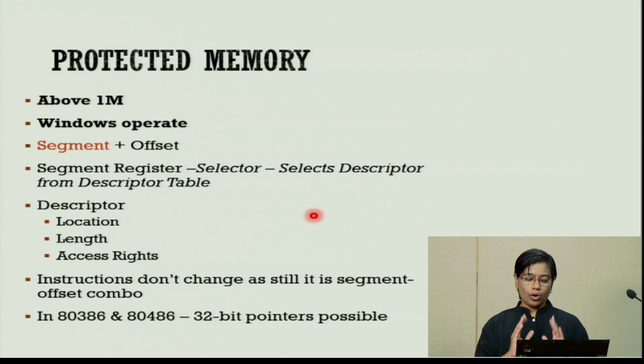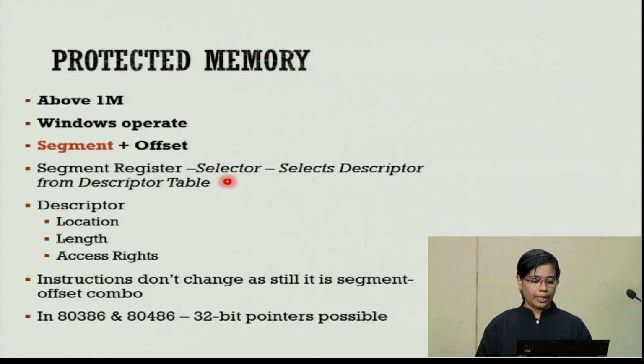Now, when we talked about real memory, we said that there is something called a segment and offset. In case of protected memory also, the address would be divided into two parts. There is going to be a segment and then there is going to be an offset part. But the segment doesn't have the same meaning as in real mode of operation.